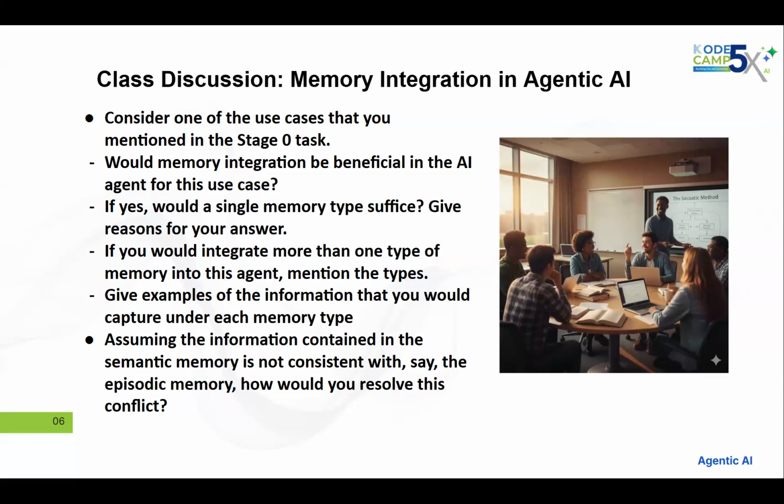And either way, whichever one you say, it will be good to tell us what type of memory you think would be best, of the best value in this use case. And then also tell us the examples of information that you would typically capture under each of the memory types you mentioned.